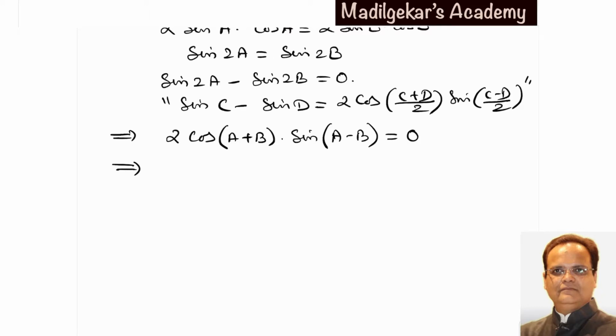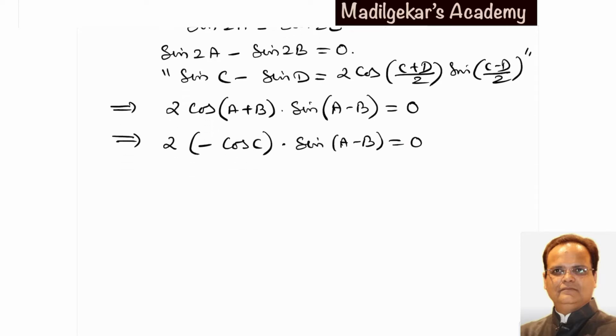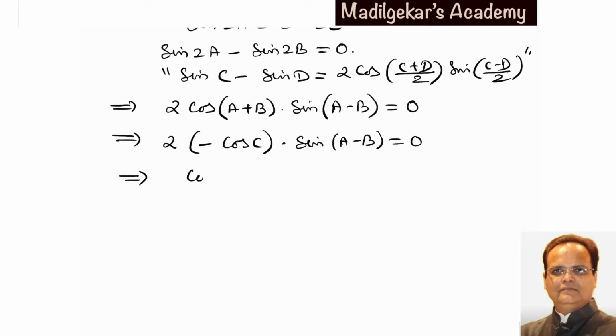Again, A, B, C are the angles of a triangle. So we can replace cos(A plus B) by minus cos C into sin of (A minus B) equals 0. That is cos C into sin(A minus B) equals 0.